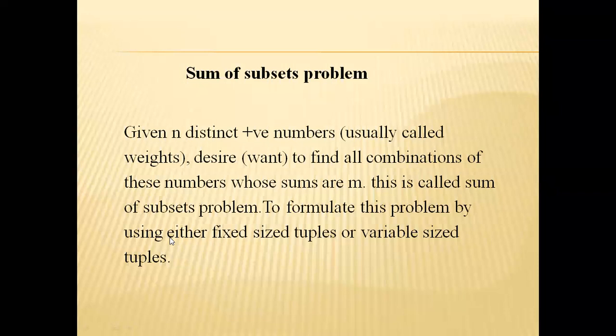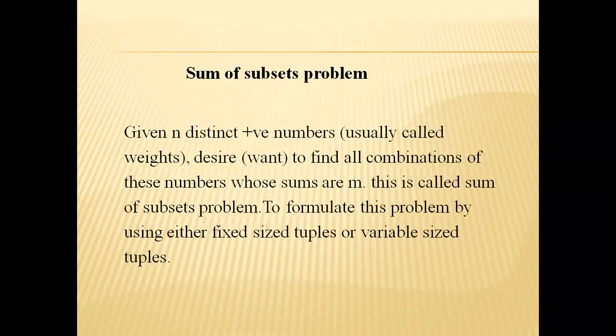We can formulate this problem using either fixed size tuples or variable size tuples. For some problems, the solution is represented by fixed size tuples, meaning the solution has, for example, 4 values, or 3 values, or 2 values.